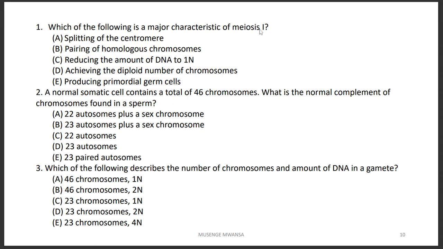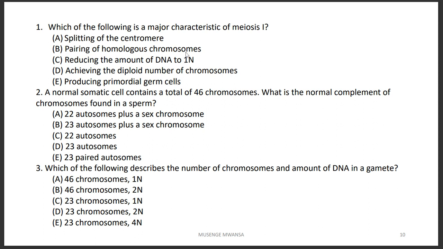So we know when we're talking about meiosis 1, splitting the centromere happens during meiosis 2. Meiosis 1, you simply split homologous chromosomes. Pairing of homologous chromosomes, of course, this is true. Reducing the amount of DNA to 1N, we saw this wasn't happening during meiosis 1, but of course, by the end of meiosis 1 during telophase 1, you are going to have a haploid number.